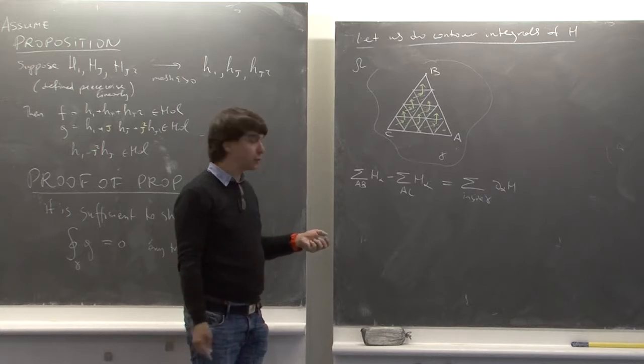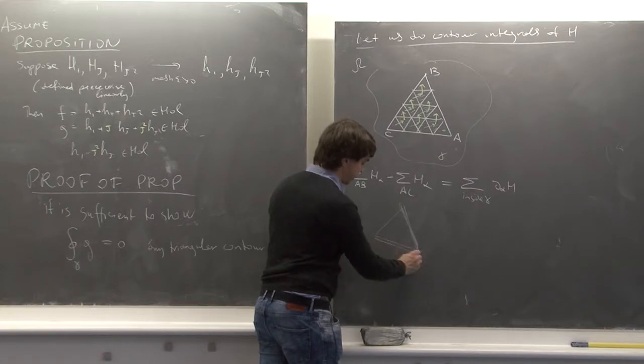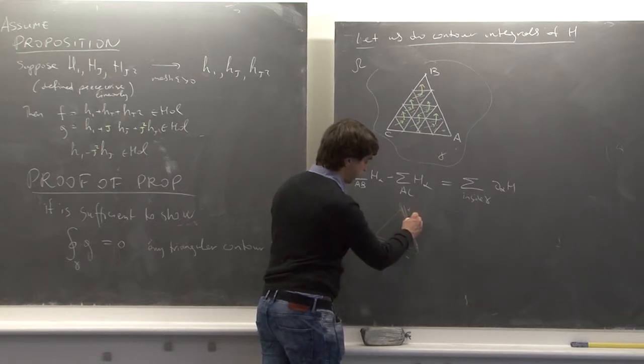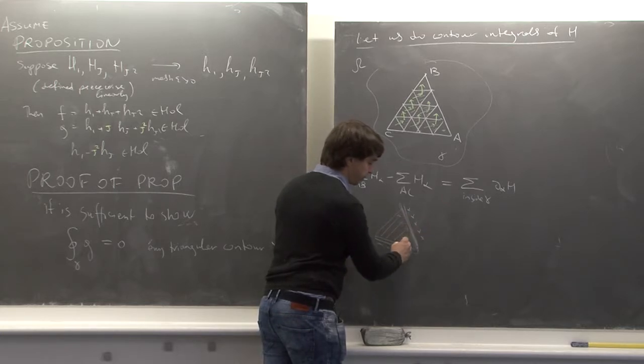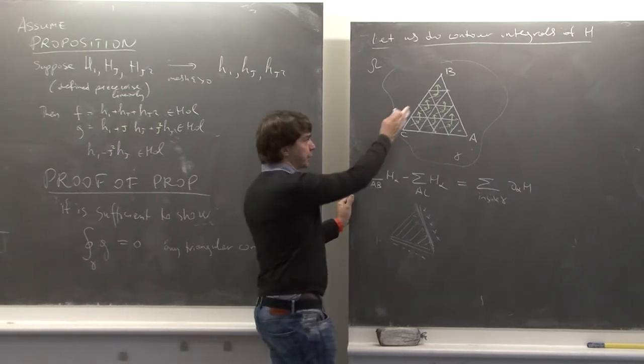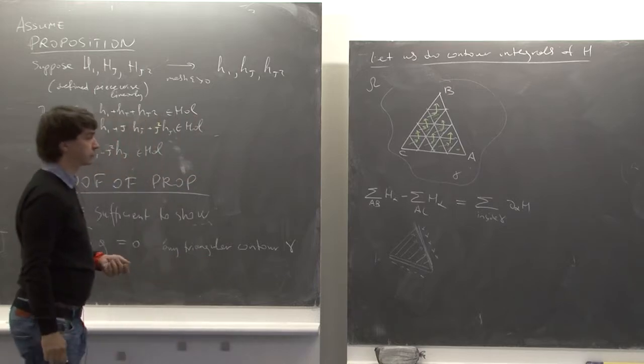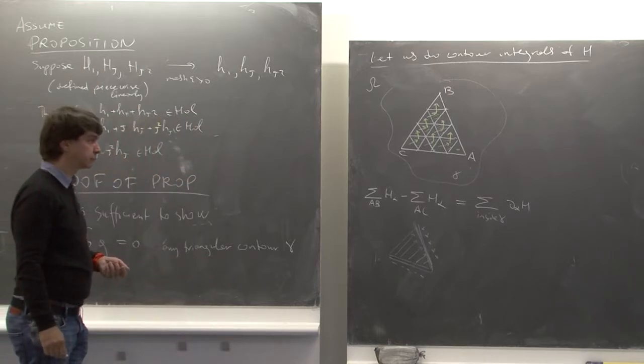So the continuous version of this would be that the integral of h here with plus sign, minus the integral of h here, can be written as the integral of the derivative along those lines. But since we don't have straight lines, we have to go zigzagging around.